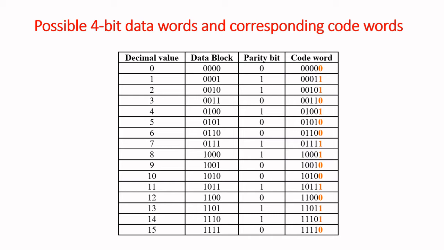In the first column are decimal values from 0 to 15, and for each value there is a 4-bit data block. 0 is four zeros, and 1 is represented in binary as 0001.